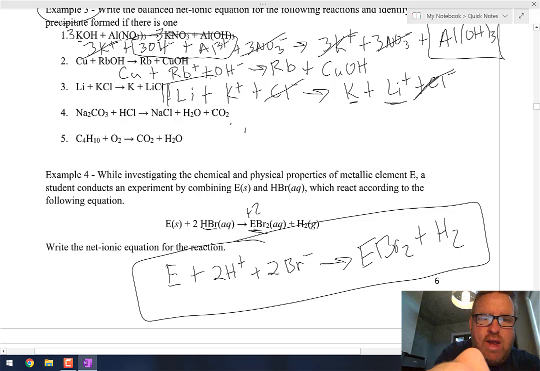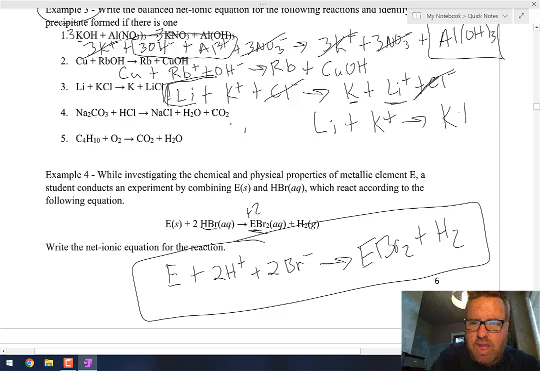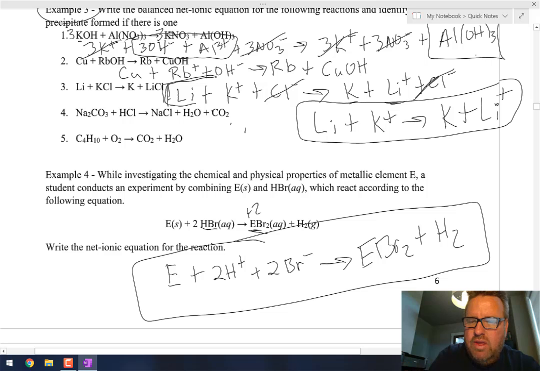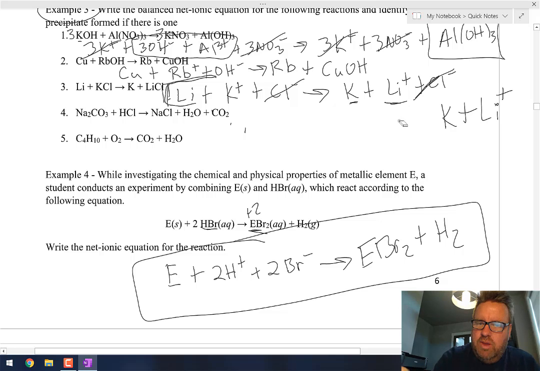So our net ionic equation is Li plus K plus making K plus Li plus. Again, similar to that one we saw below, and oh, of course I forgot the plus on there. You have to have that plus on there. I was just looking it over at the end, making sure they all were the same. And if they aren't, then you screwed up. So you've got to make sure that these are different and those are different, so you have to leave them in.